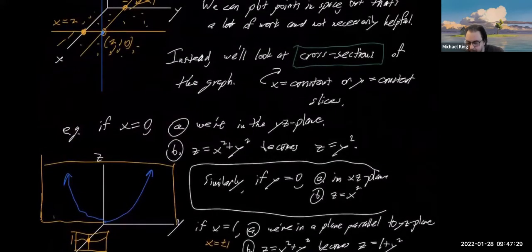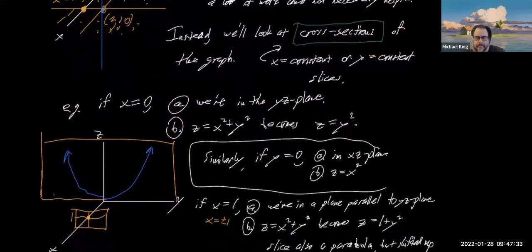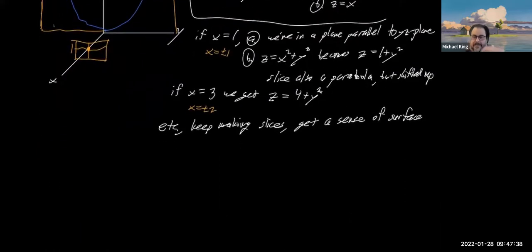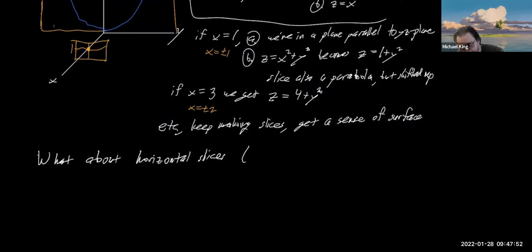That's what we were talking about here. What about horizontal slices? We could also try to think of a graph by slicing horizontally. So here, z equals constant, right? Because if z is constant, then we're always at the same height.